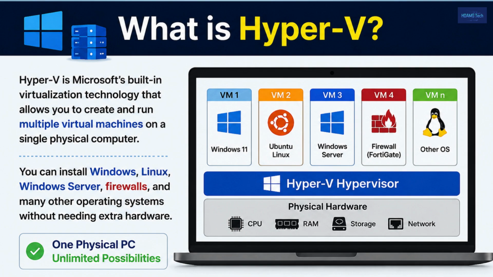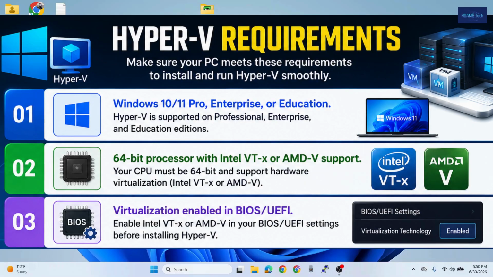But it needs Windows 11 Pro, Enterprise, or Education editions at least. It must be 64-bit with Intel VT-x or AMD-V support, and it must be enabled in BIOS virtualization. It also needs at least 8 GB RAM.